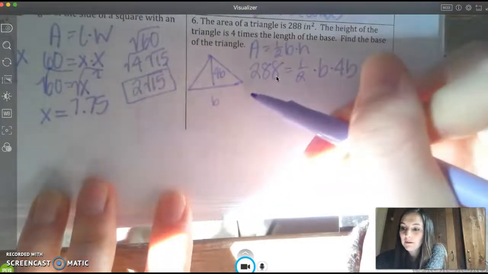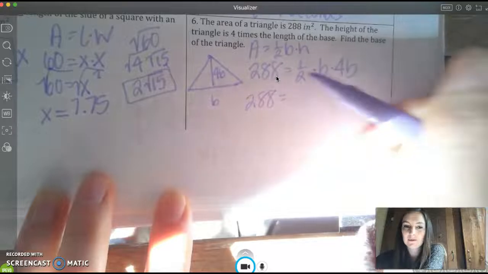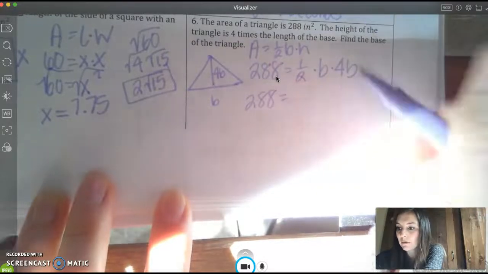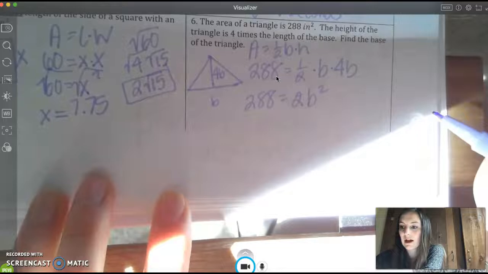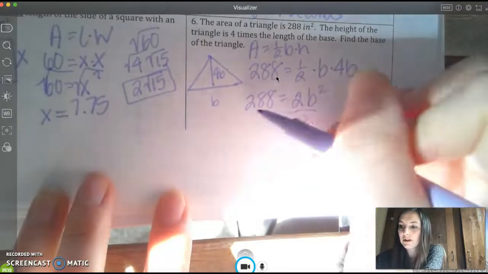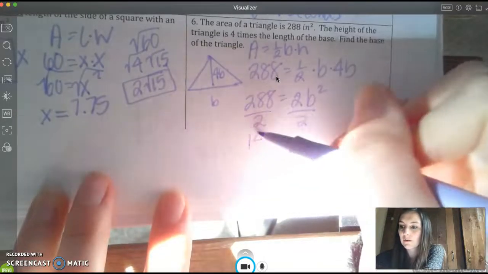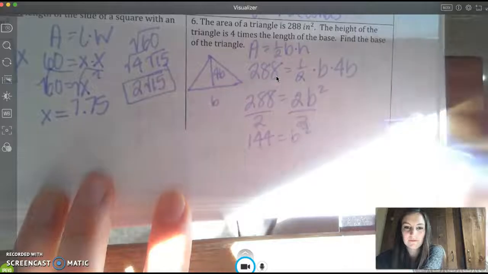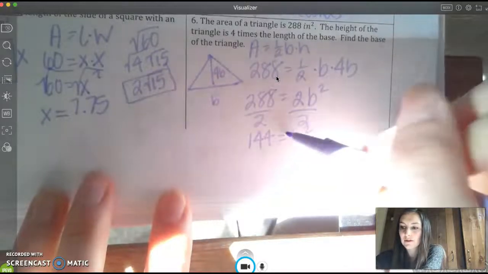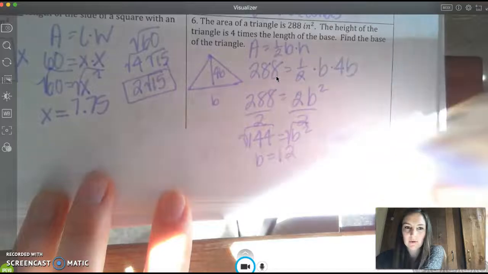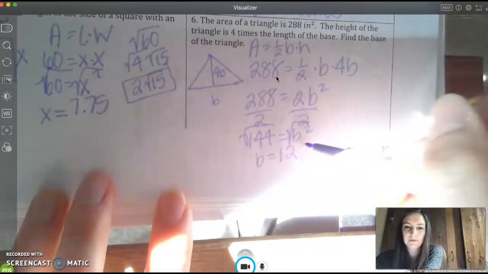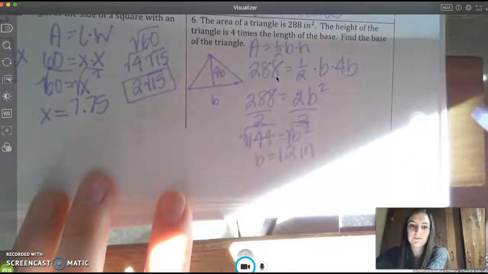So 288 equals 1/2 times 4 is going to give me 2. And b times b is b squared. I divide both sides by 2. So I have 144 equals b squared. I take the square root of both sides, and b equals 12. And we're working with inches here. So b equals 12 inches.